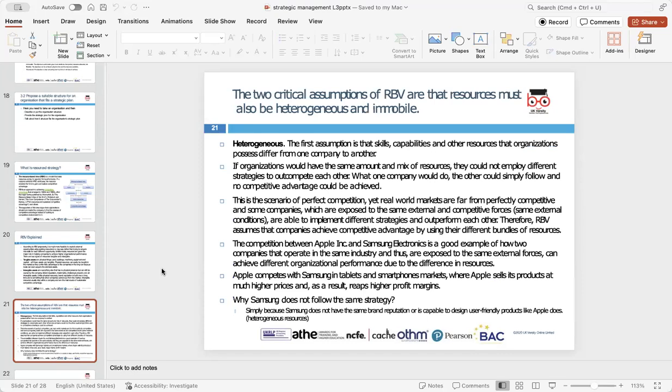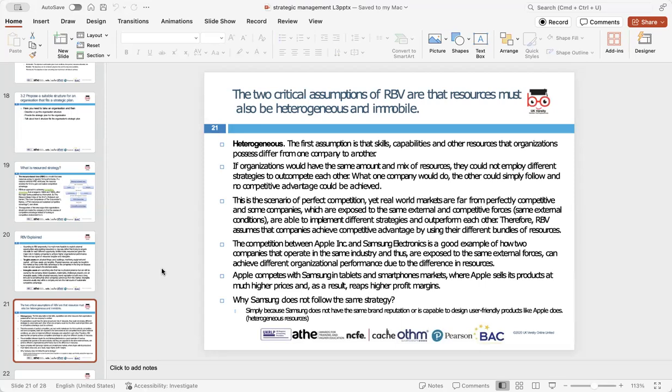A resource-based view of strategic management asserts that resources are heterogeneous across firms. This means that companies possess unique sets of skills, capabilities, and resources that differ from one another.